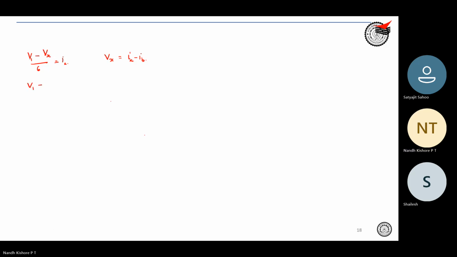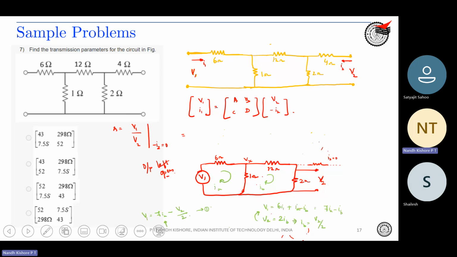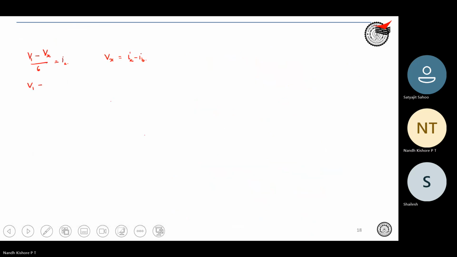So V1 minus Vx is IA minus IB, correct, equal to 6 IA.